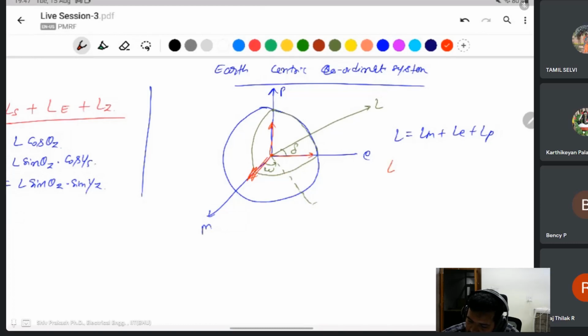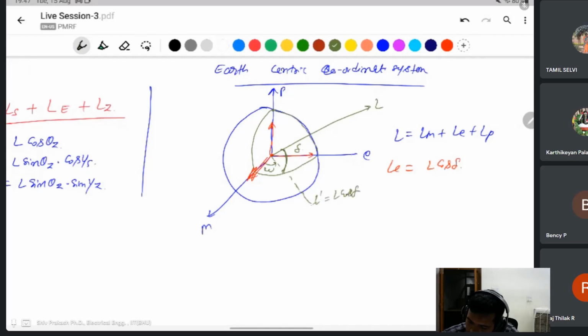Then what is LE? L is the same as L cos delta. Oh, sorry, delta is not from L, this is from this one, is called delta. This one is L dash, L cos delta.